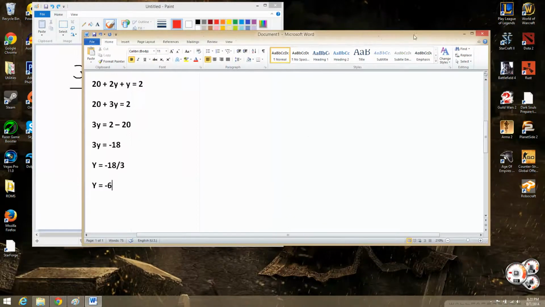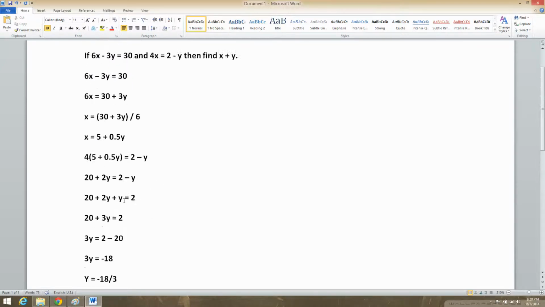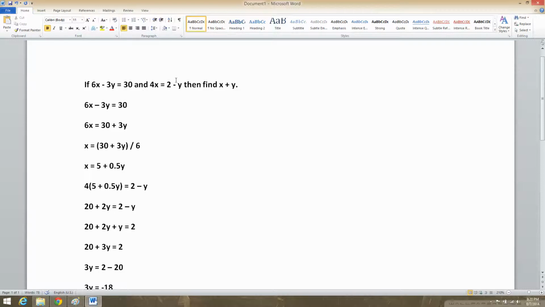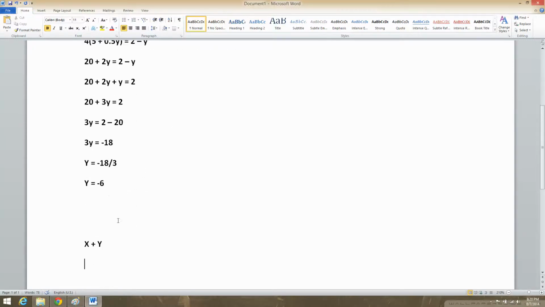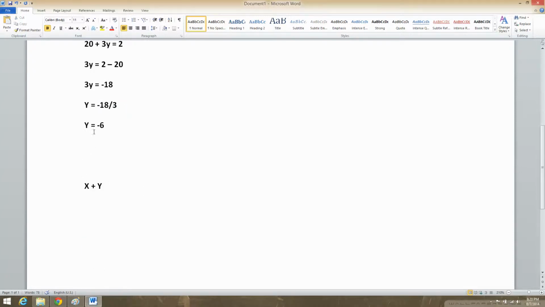So what you want to find is x plus y. You're going to have to replace this x with all of this and replace the y's with negative 6.